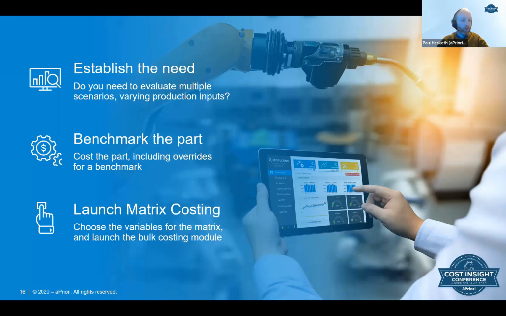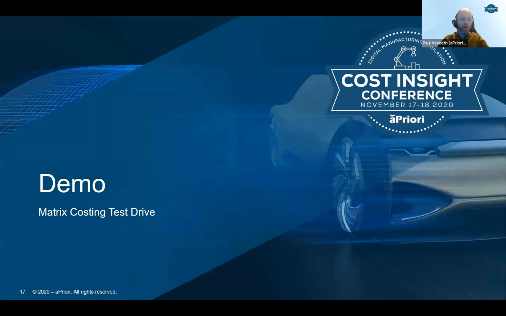So we need to look at the drawing of the part, add any tolerances or any overrides, and set that benchmark. That's a very important step. Once we have the part benchmarked, we can launch matrix costing, give it the inputs that we need very, very quickly, and have it done in the background. So once this is understood, I would like to now jump into a demo.